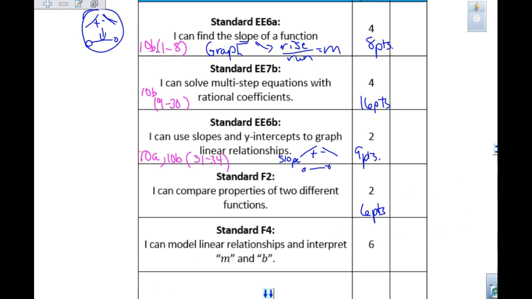When you take a look at your 10B, the review worksheet, this is going to be questions 35 to 40. The last standard: I can model linear relationships and interpret the M and the B. That is going to be on 10B, questions 41 to 47. 6 questions, that is going to be worth 14 points.